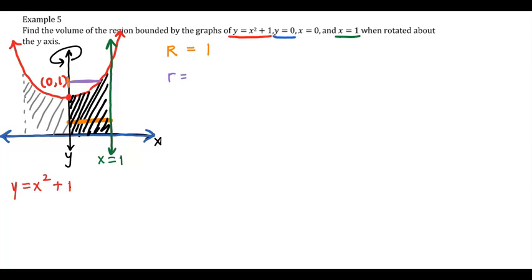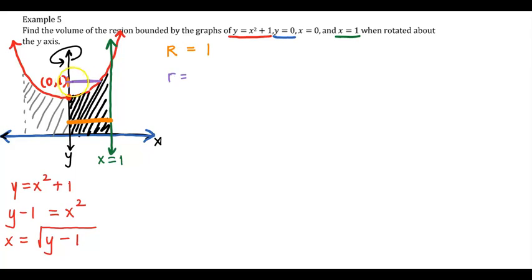That means that everything in our integral needs to be written in terms of y. So I need to solve this equation for x. I'm going to subtract 1. I get y minus 1 equals x squared. I'll square root both sides, and I'm taking the positive square root since we're on the positive half in quadrant 1, to get that x equals the square root of y minus 1.